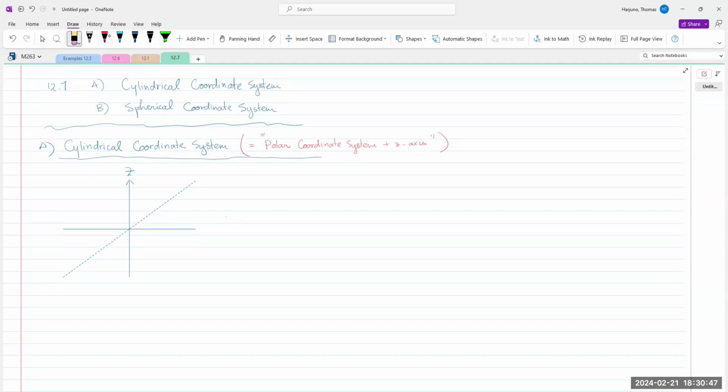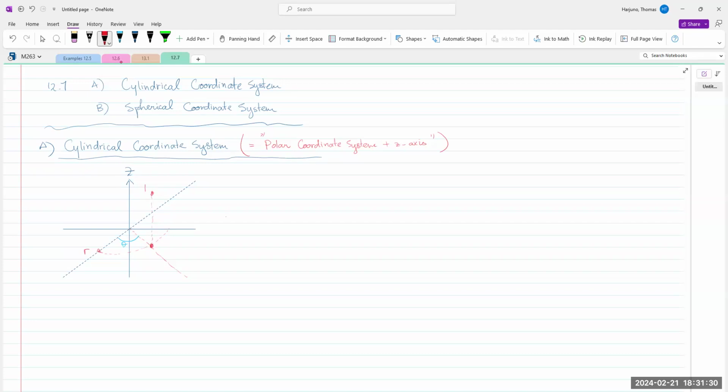Now imagine you have the following situation. Like this is the radius, r, and this is the theta. I think I should use another color. This is the theta. And then when you go up, you still use z.